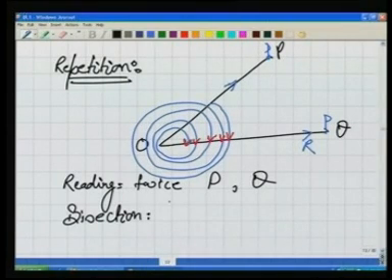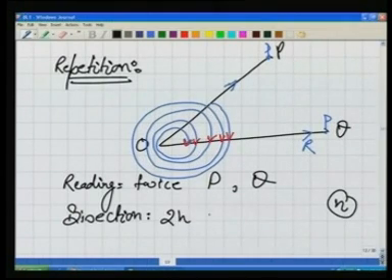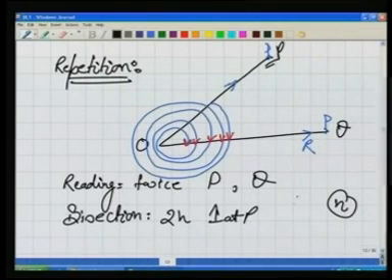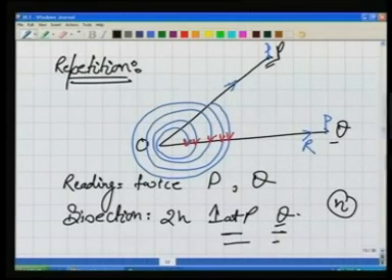How many times are we doing the bisection? If, for example, there are n repetitions, we are doing it 2n times. One at P, because initially we first bisected P, and then we go to Q and bisect it, and again we bisect, and we keep bisecting that way.